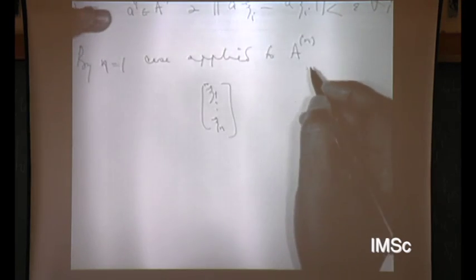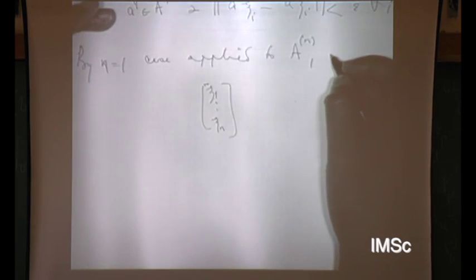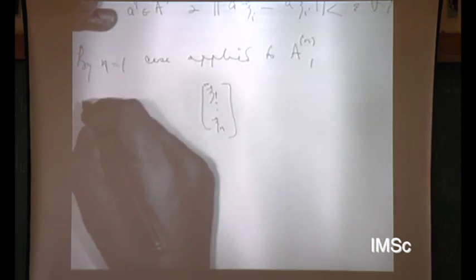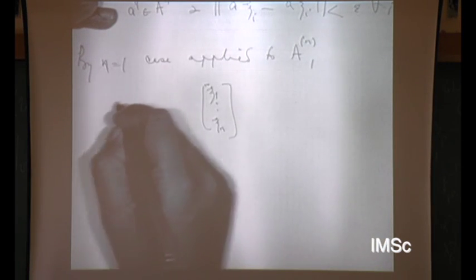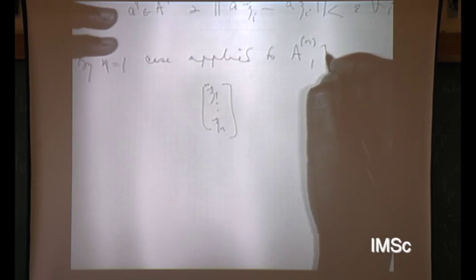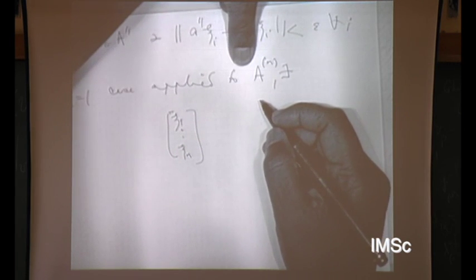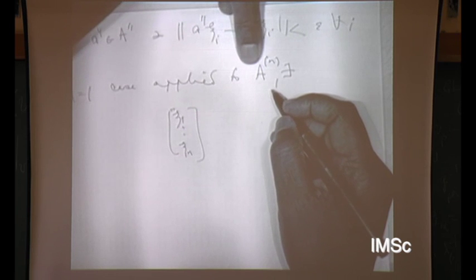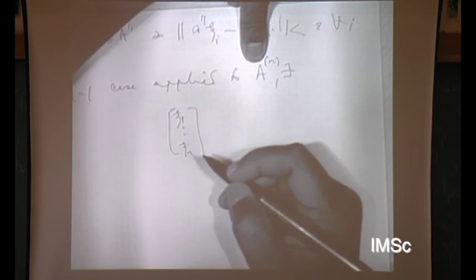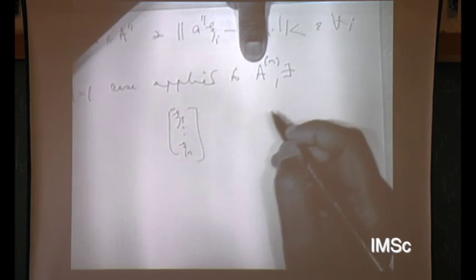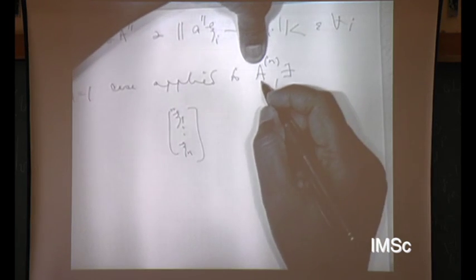So what does this case say? There exists somebody in its double commutant which is close to it at this one vector. What is its double commutant?